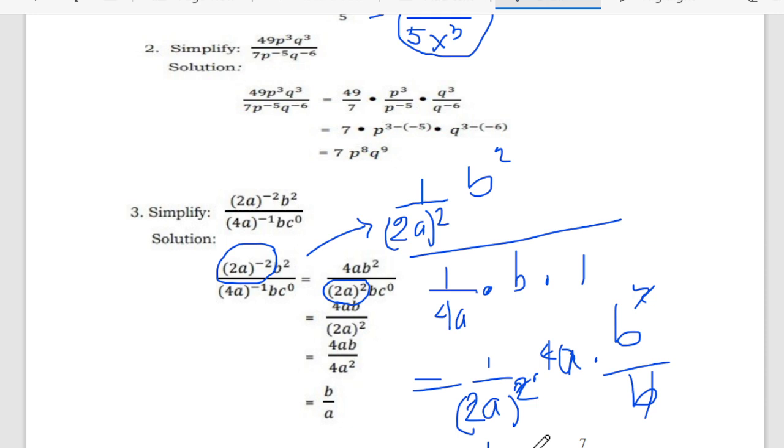Since may times 4 pa yan dyan, 4A, dito may iwan is B na lang. Kasi na-cancel na natin yung isa. So, dito, makancel din ang 4 at saka isang A. So, ang answer na lang dito is B over A. So, that's why B over A na lang.